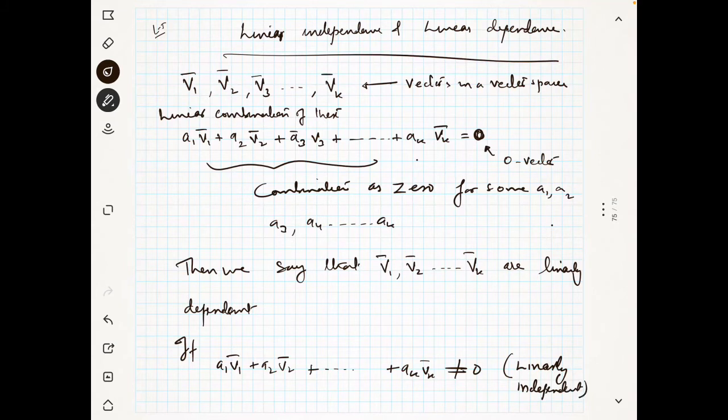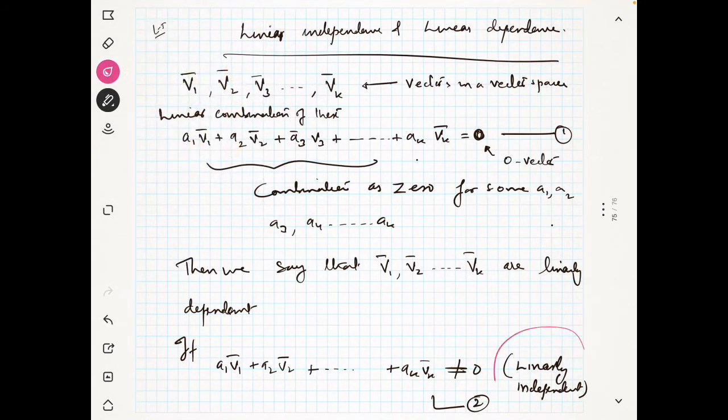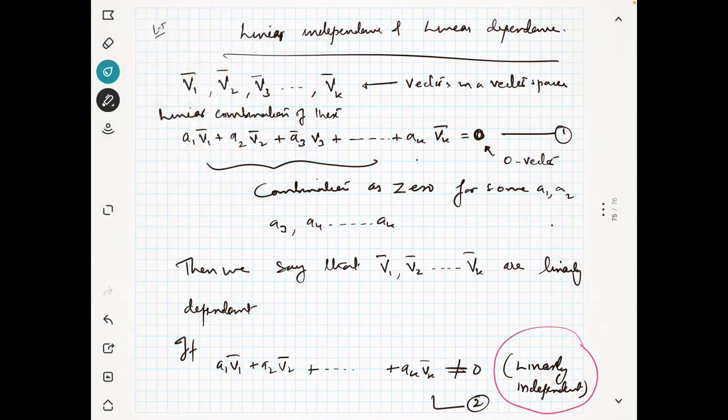If they are dependent, we can make it 0. I can consider this as equation 1 and this as equation 2. This is known as linearly independent, and the other one, I am going to write in blue color, is linearly dependent. We will see this concept in more detail.